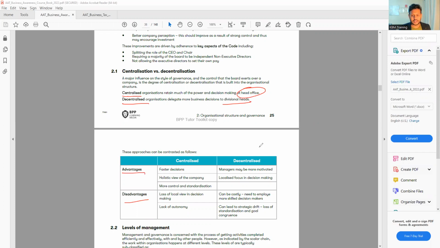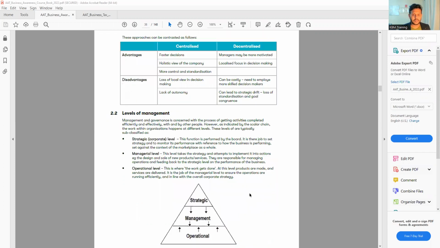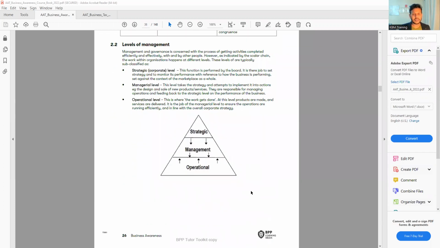All right, so we have some more information here. Now we have the levels of management. Let's try to understand the levels of management. So we have a strategic level. This is the top level people, top management. The top management are the people who basically make the strategic plan.